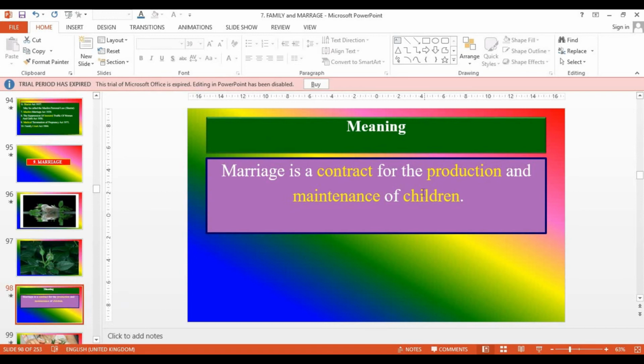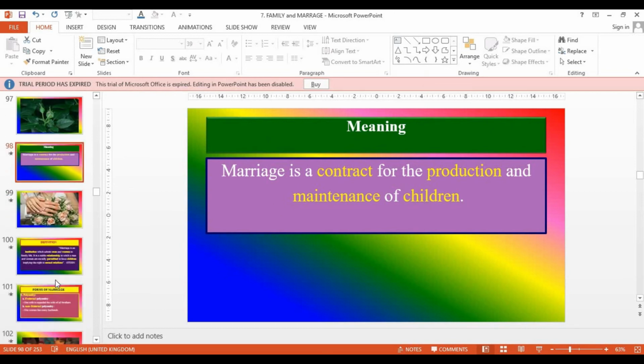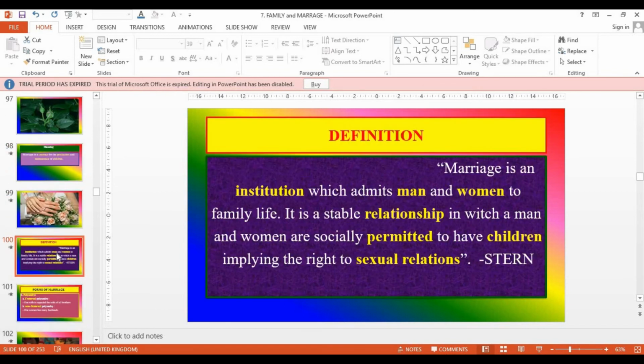Meaning: a contract for production and maintenance of children. It means a contract between husband and wife, man and woman. Agreement. Definition: marriage is an institution. Institution means every marriage has rules and regulations.